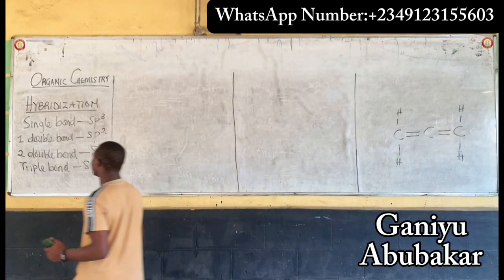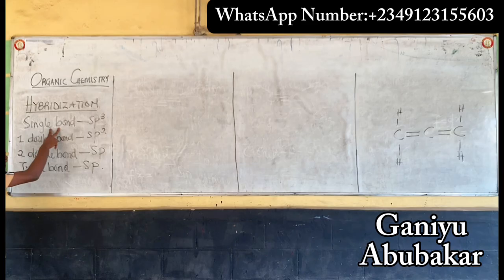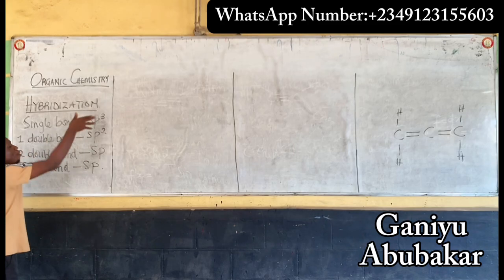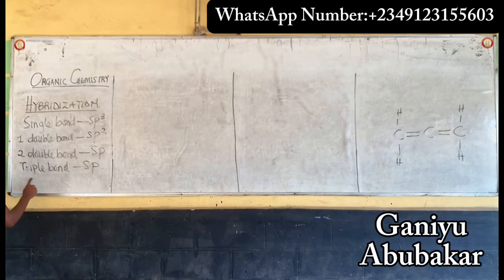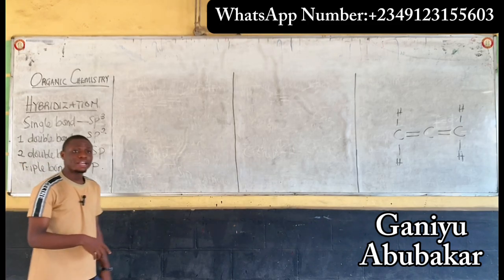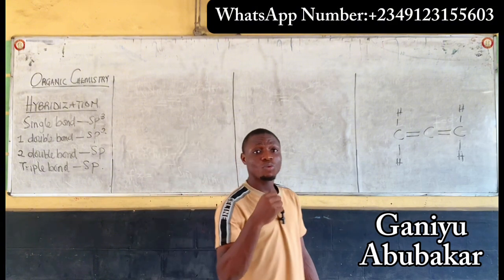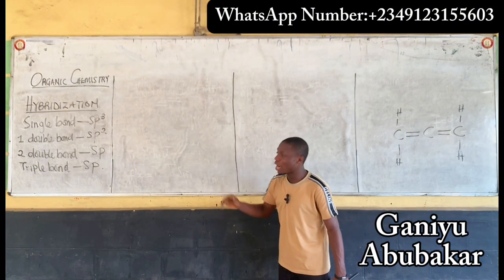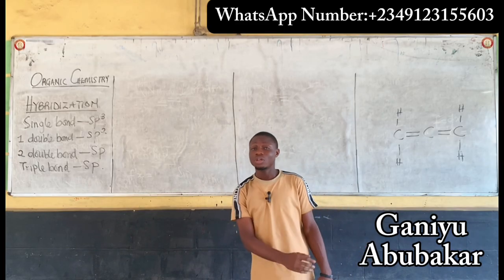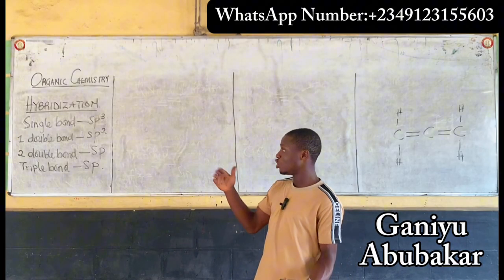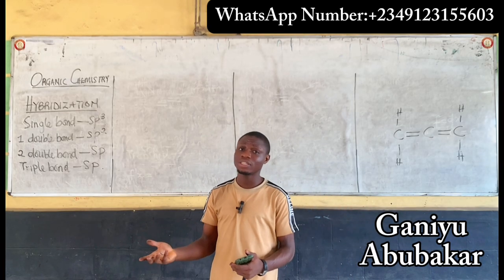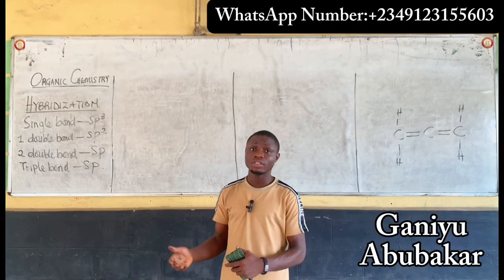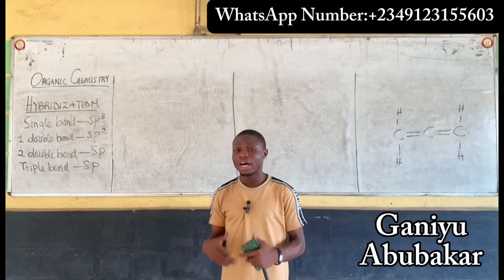In essence, a single bond is an alkane, a double bond is an alkene, two double bonds a higher form of alkene, and a triple bond is an alkyne, right? So alkane, alkene, alkyne. That's how it works.